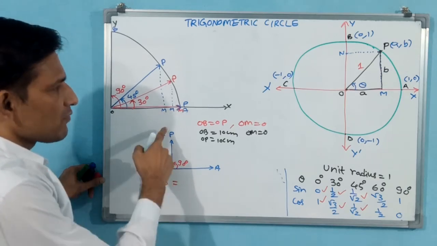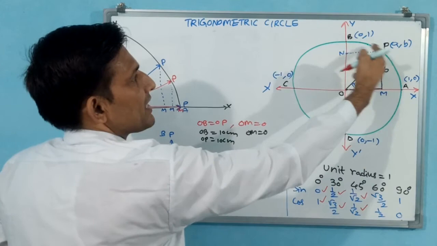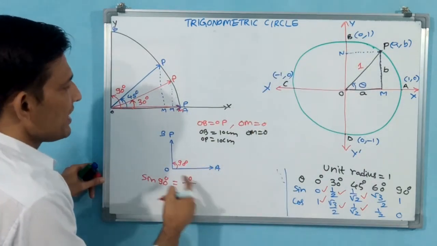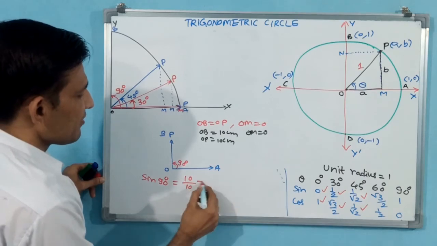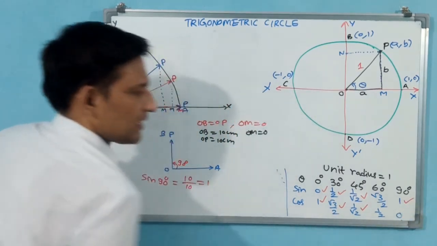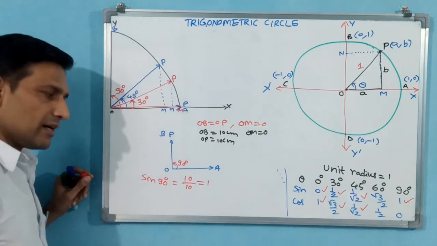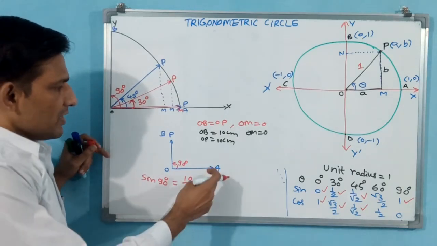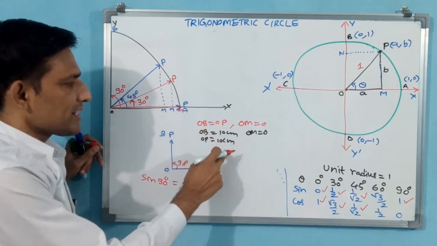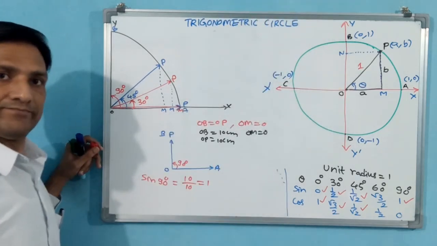Here opposite side is y coordinate. Now MP has become OB. OB, that means 10 centimeter, by hypotenuse, always 10 centimeter only, that is equal to 1. You have proved this one. You understand, na? Why? Because see, opposite side OP, OB both are 10 centimeters it has become.